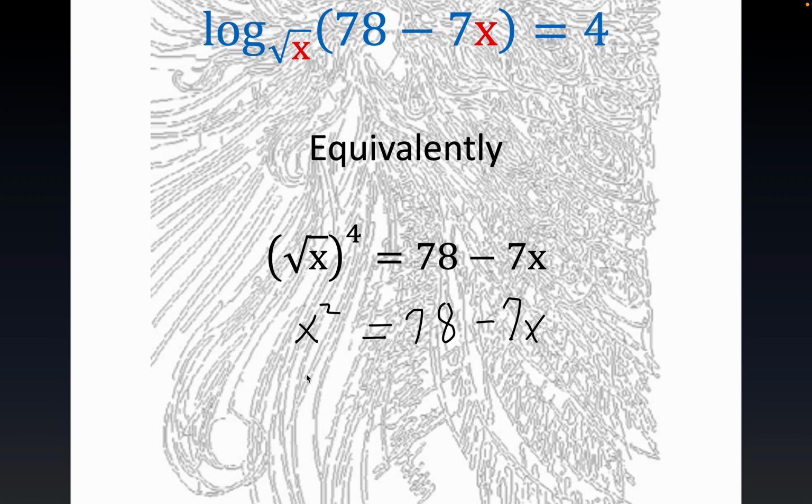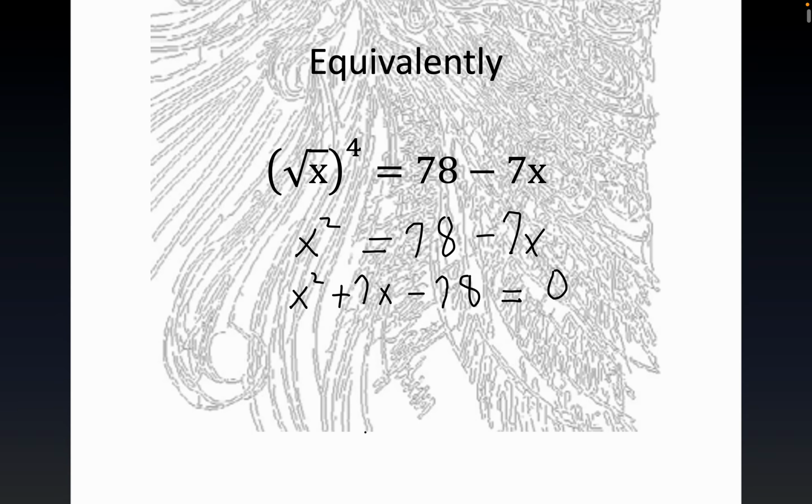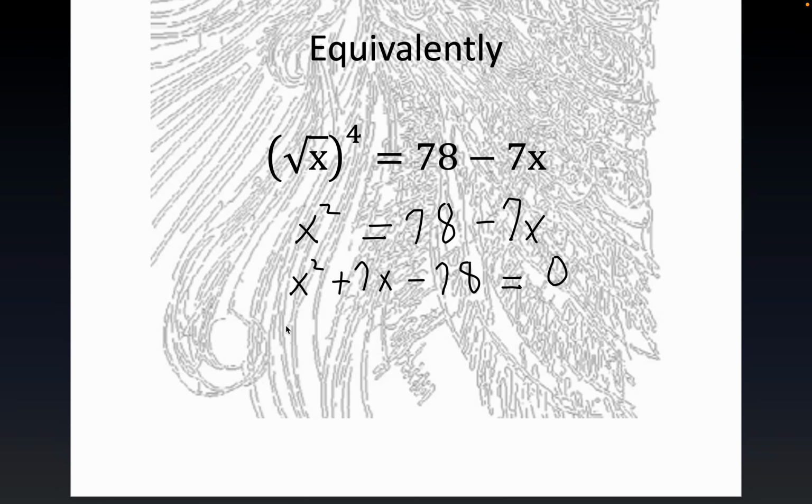Now, right here we have x squared plus 7x, just writing down an equivalent equation equal to 0. And then we're looking for the factors of 78 that will result in, we know that the form has to be like this.